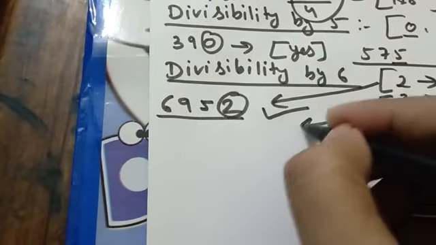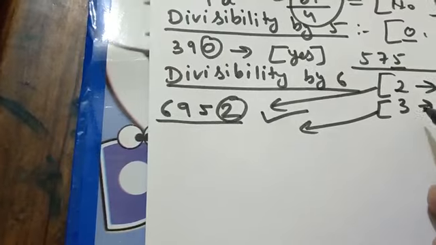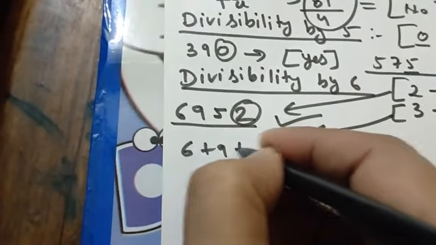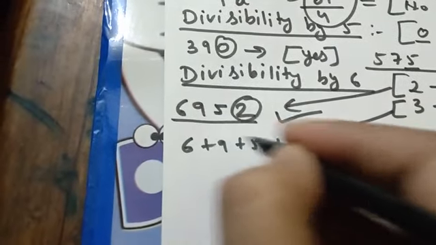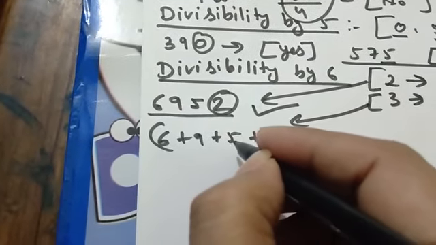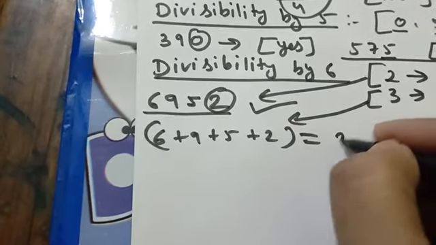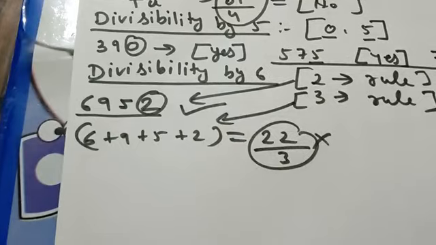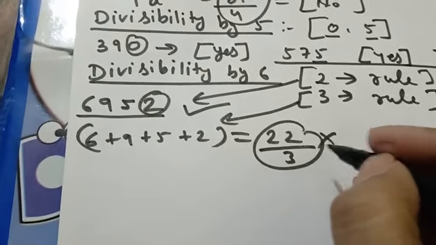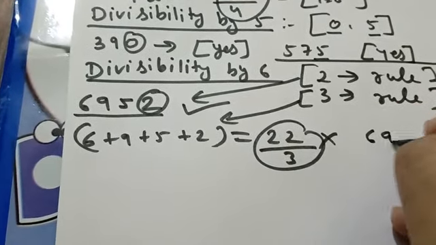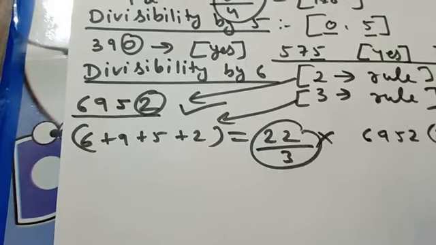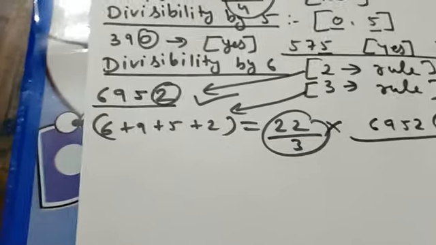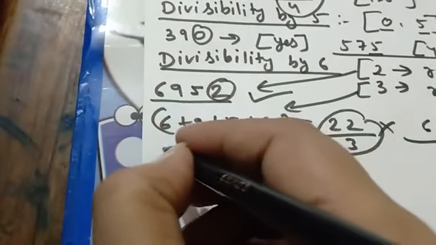Now applying the rule for divisibility by 3, adding the digits: 9, 6, 15, plus 5, 20, plus 2, 22, and you can see this number is not divisible by 3, so the whole number 6952 is not divisible by 6. I will take some other example.